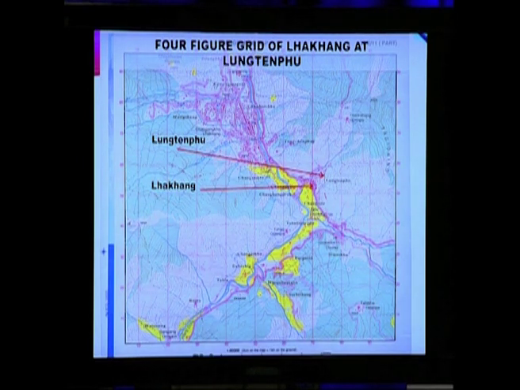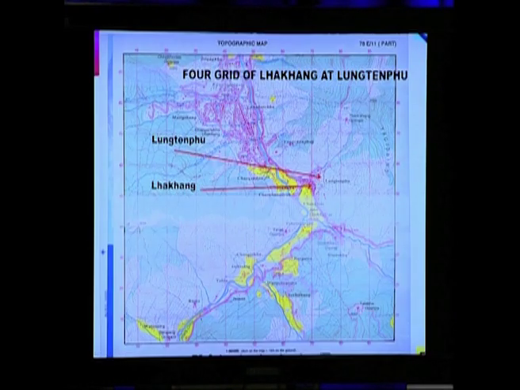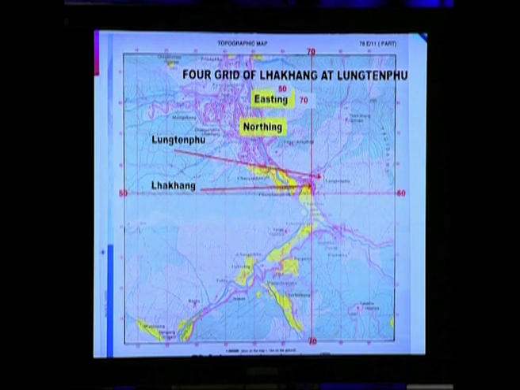Now, if you have located this, then you look for the easting, look for the northing. So here easting is 70 and northing is 50. So the 4 figure is 70, 50.